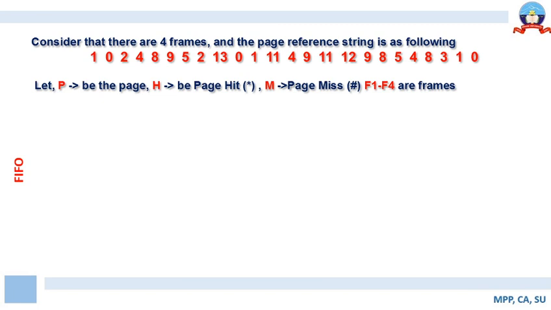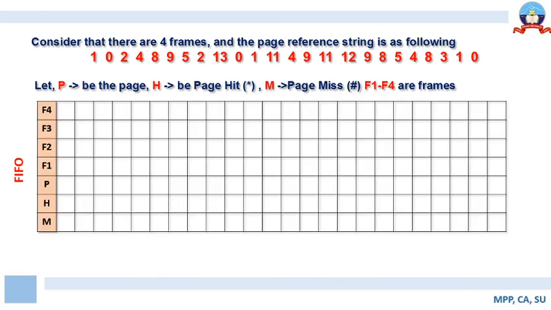Now let us try to understand first in first out with the help of a very simple example. Consider that there are 4 frames and we have a page reference string specified as follows.